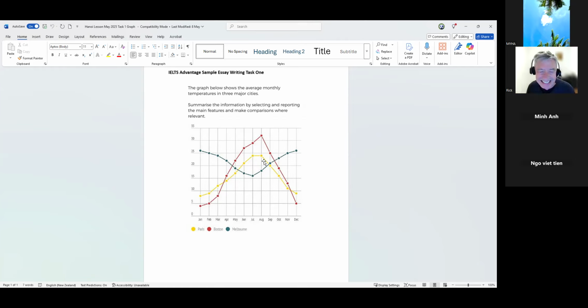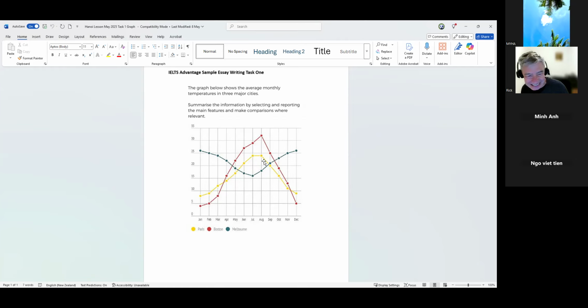All right. So you would look at something like this and say, Vientiane, when does Boston have its highest temperature? In August. Okay. Does Boston have a bigger range of temperatures than the other cities? Yes, it does.